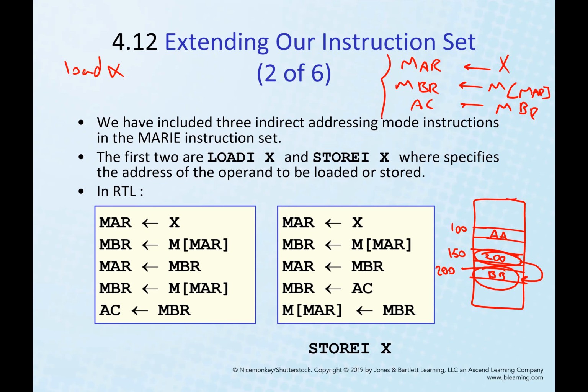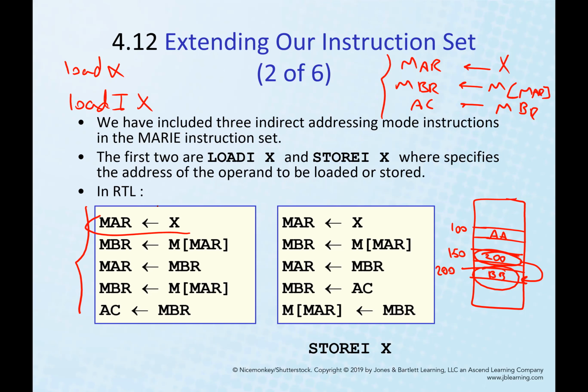This one is the load instruction micro operations. How many micro operations? Only 3. But for load I X, which is indirect addressing, we need to have 5 micro operations instead of these 3.